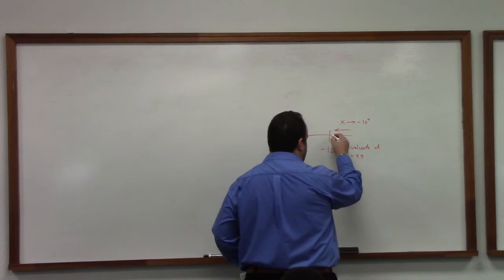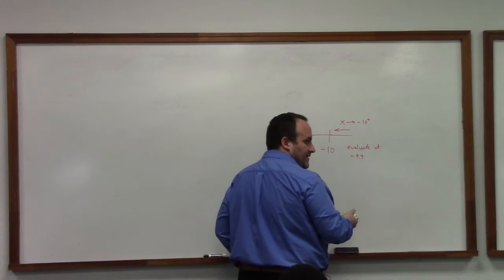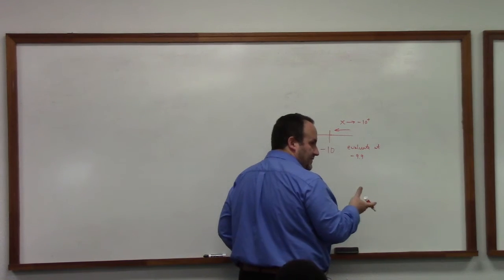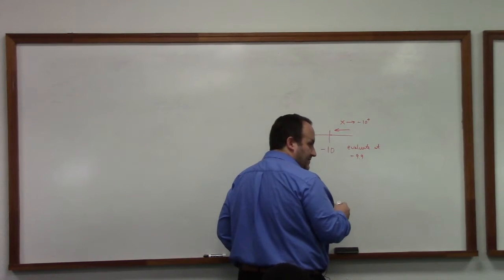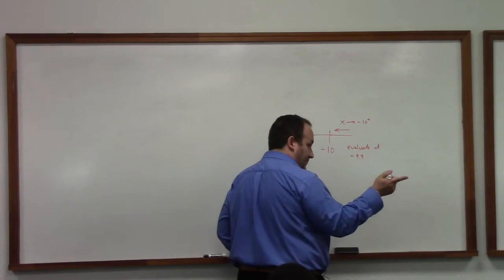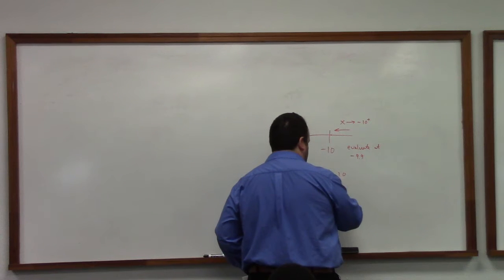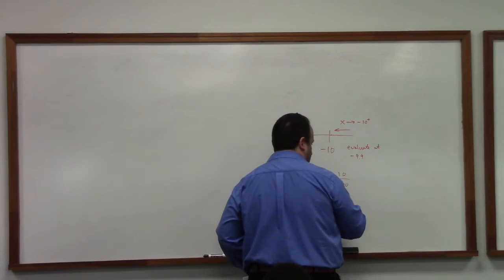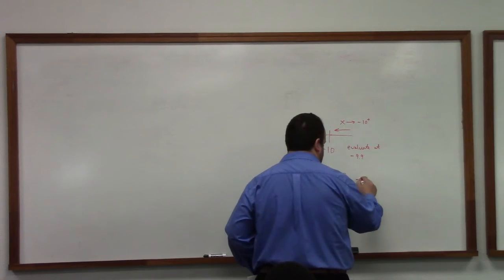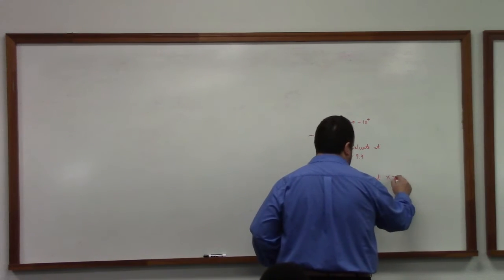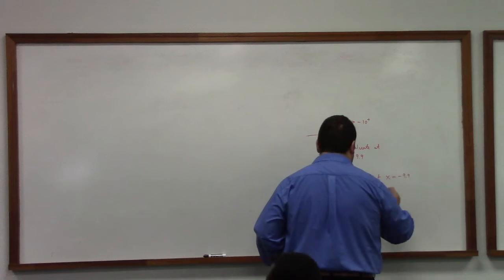That would be here, and that would give me some sense of what the value of the function is close to the limit point. So try plugging that into x minus 10 over x squared minus 100. Try setting x equal to minus 9.9. See what you get.